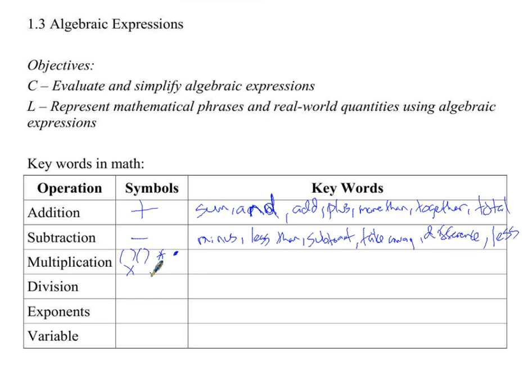Anything else? There is one more. Yeah, two things right next to each other implies multiplication also. So, for example, if I have xy, I'm implying that I'm multiplying those two numbers together because they're right next to each other. So nothing also means multiplication.